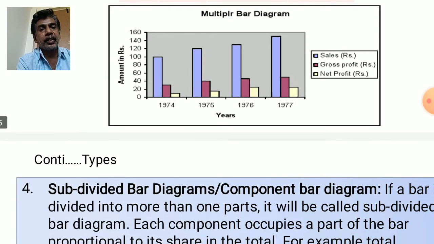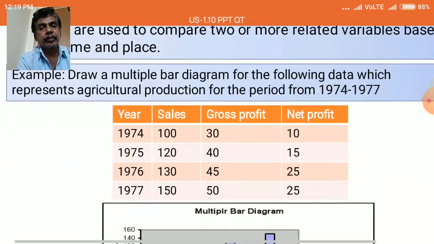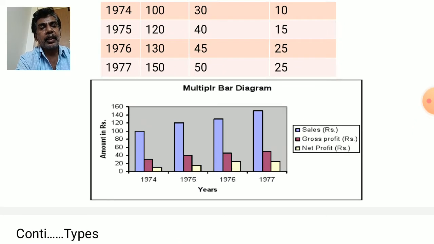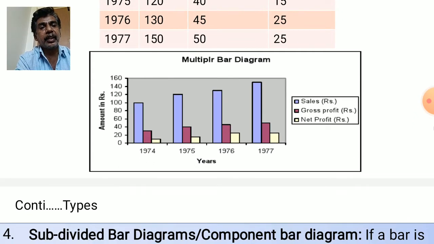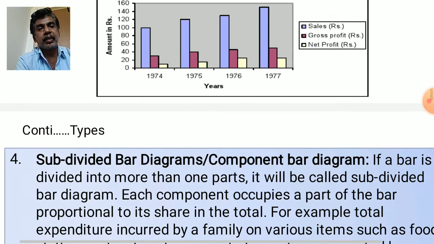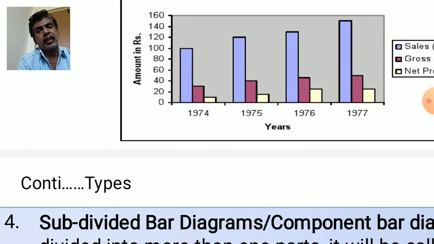So this is an example for multiple bar diagrams: sales, gross profit and net profit. Adjacently, we are representing the data in different years. Years are on the x-axis, and amount in rupees is shown on the y-axis, the horizontal and vertical lines.